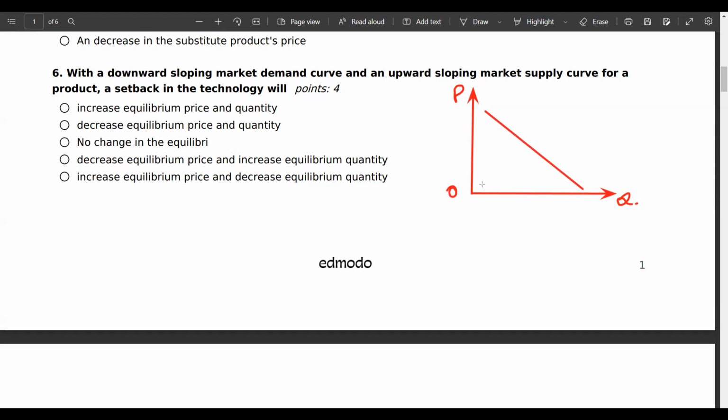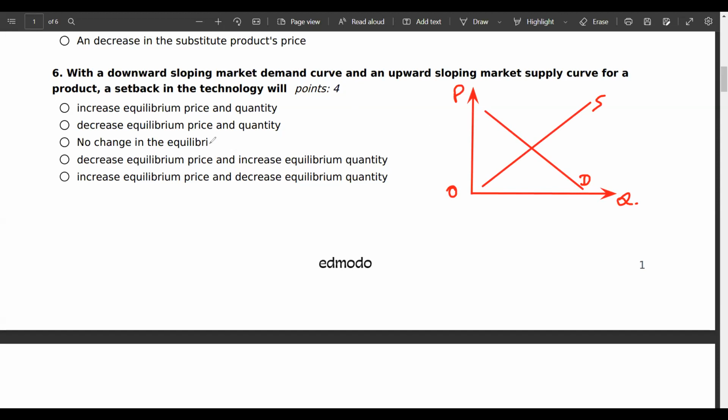That means it's a normal good pretty much. You can assume it to be a normal good. And the supply curve is upward sloping. And a setback in technology, what will that setback in technology do to equilibrium is the question.